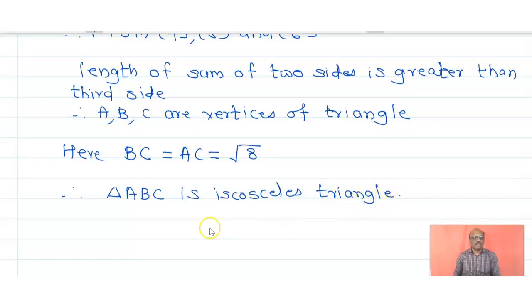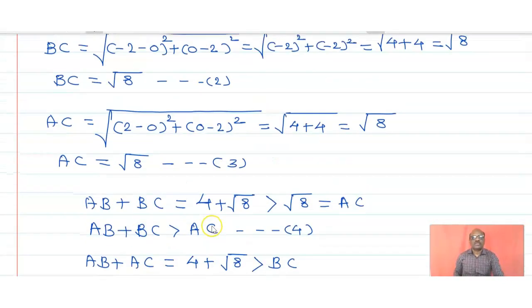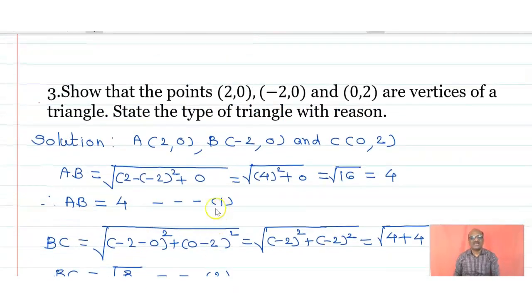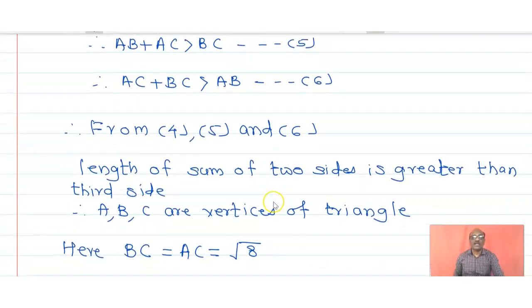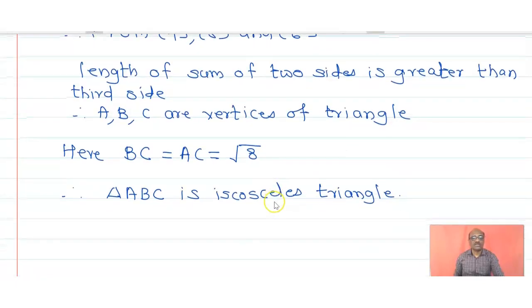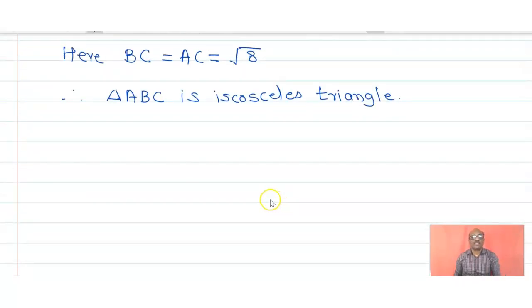Okay, and you can see this here. That is, you have to find out the lengths of the sides here. Okay, and if the sum of the two sides is greater than the third side, then it is a triangle. And here the two sides are congruent and therefore it is an isosceles triangle. And moreover, here once again it is an isosceles right angle triangle.